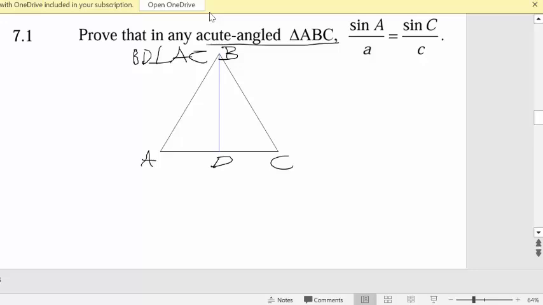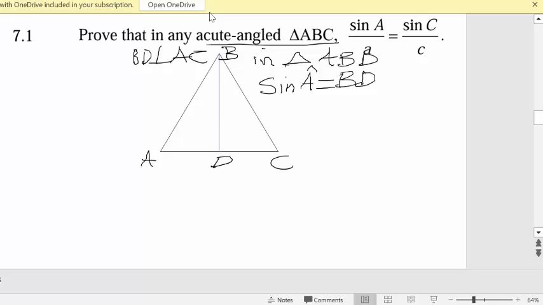Once I'm at this point, I will work in different triangles. For example, in triangle ABD, sine of angle A is equal to BD, which is my y.